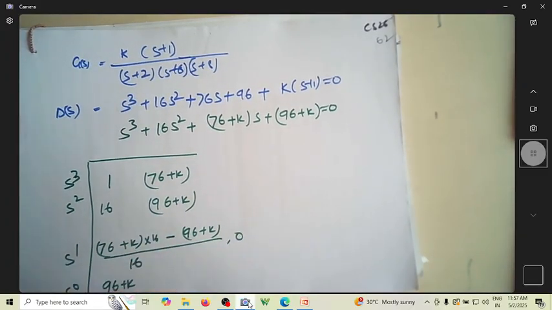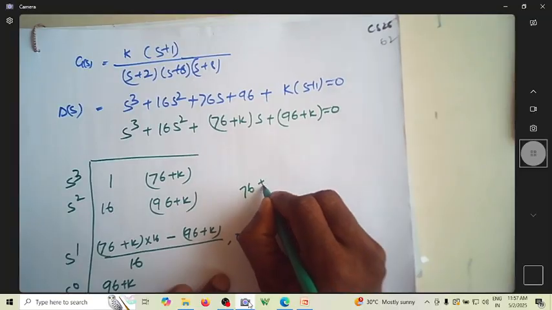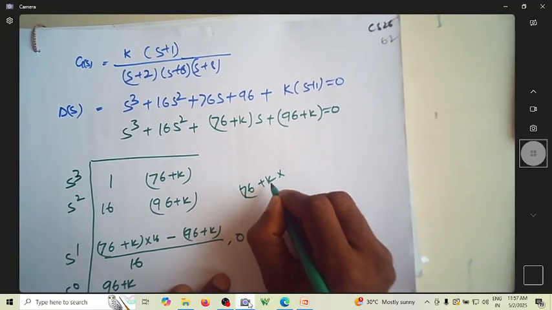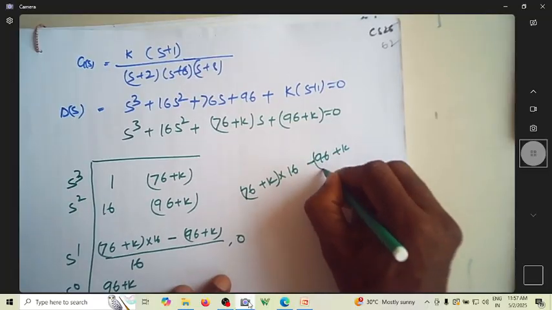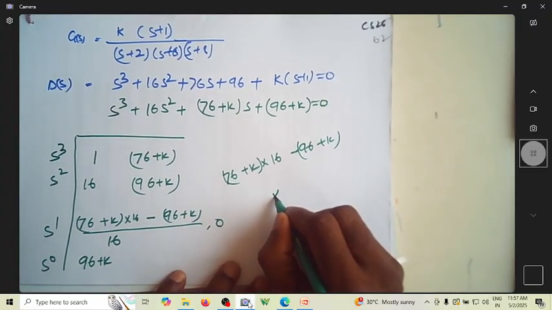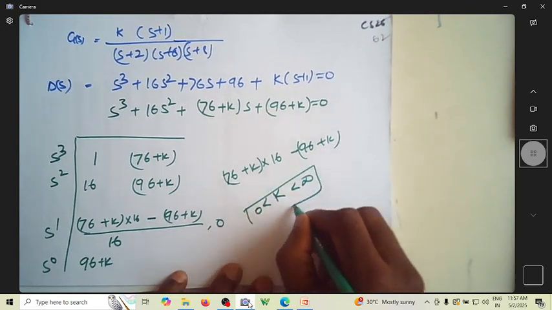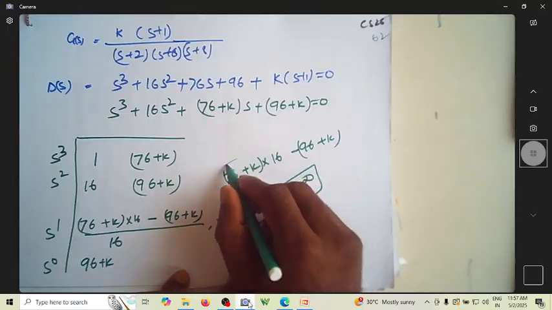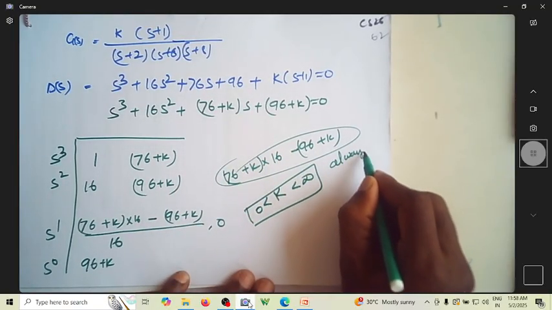What do I have? I have this term here, so it is (76 plus k) into 16 minus (96 plus k). If you look here, for any value of k between 0 and infinity, this term is always positive.